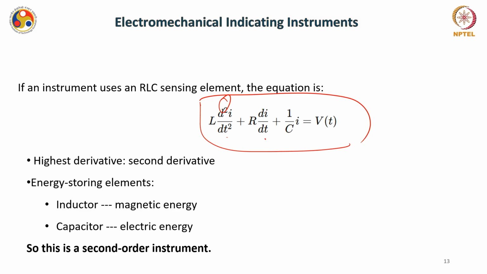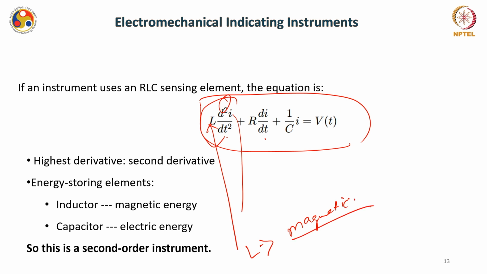Now if I try to correlate it with the number of energy storage elements, let's find the energy storage elements in this case. The first energy storage element is this inductor, this L.